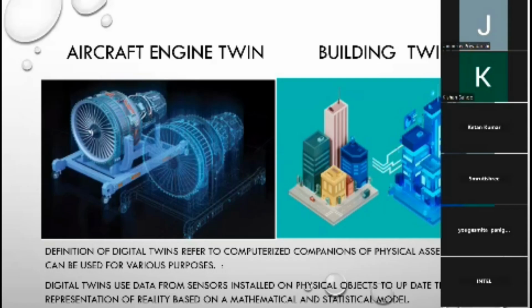From the building perspective, we can say digital twins use data from sensors installed on physical objects to update the representation of reality based on a mathematical and statistical model. So if you get all the information, you have to represent that model in a mathematical and statistical form in the system, then we call it a digital twin. That is the definition.